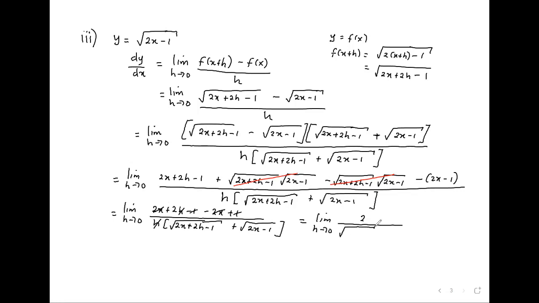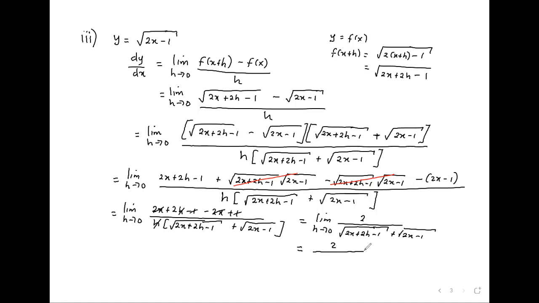the root of 2x plus h, I mean 2x plus 2h minus 1 plus the root of 2x minus 1. Close here. And there's nothing to close anymore. So at this point now we can see that even if we take where there is h, we take 0, our function will still be defined, meaning that we have found the limit.